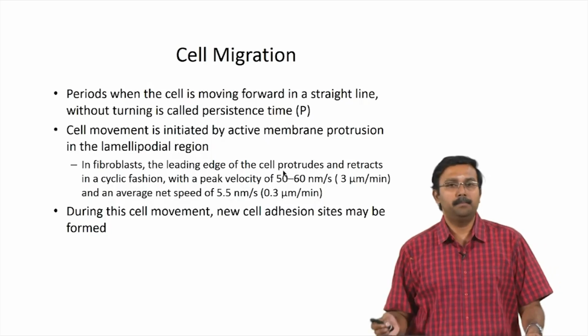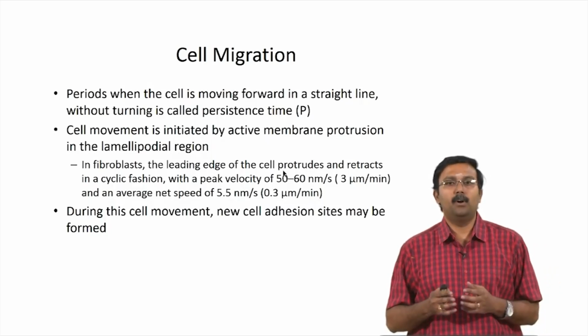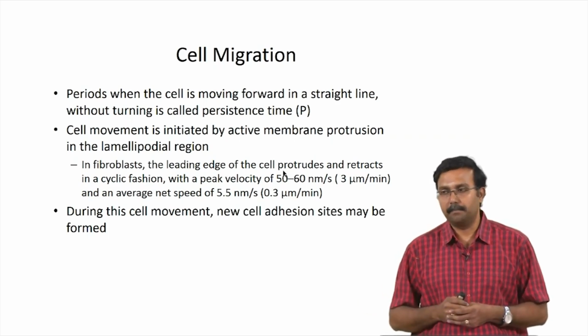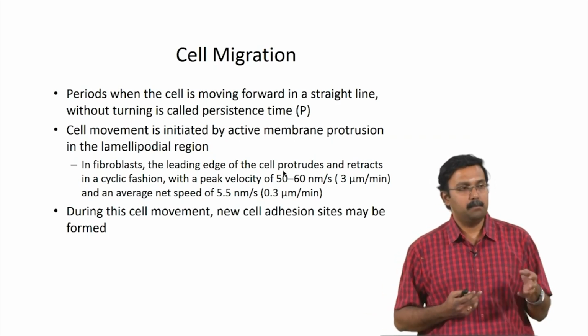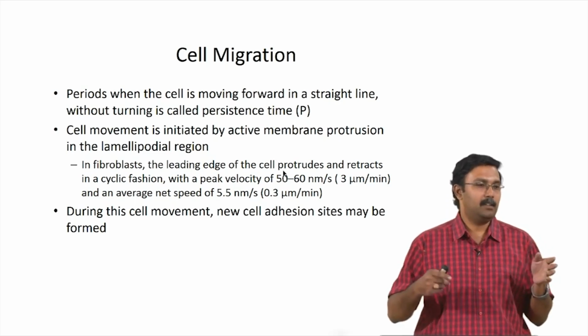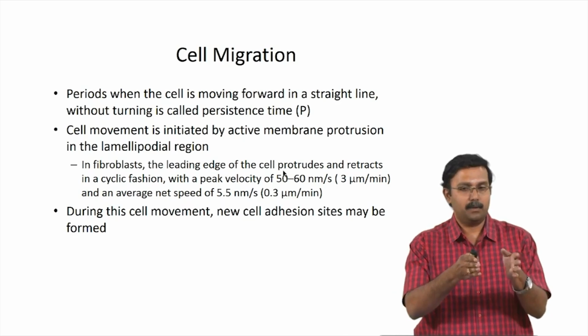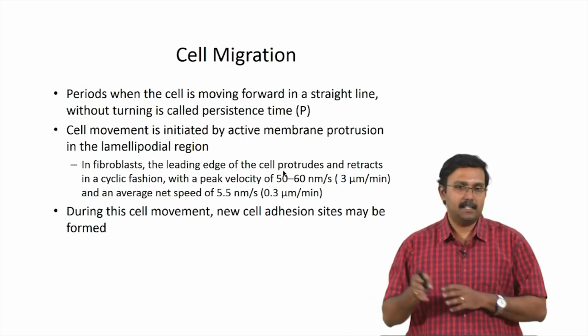The periods when the cell is moving forward in a straight line without turning is called the persistence time. When you are talking about a cell migrating, the cells are not going to always move in random directions, right. They will continue in one direction for a while and then they may change directions as well.